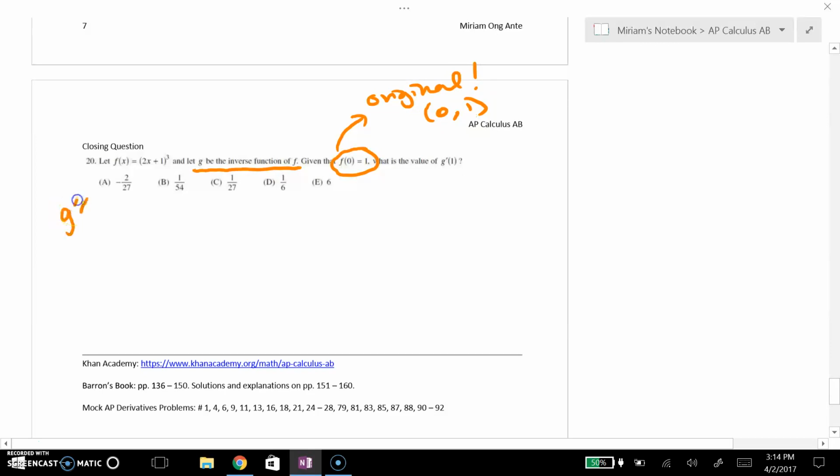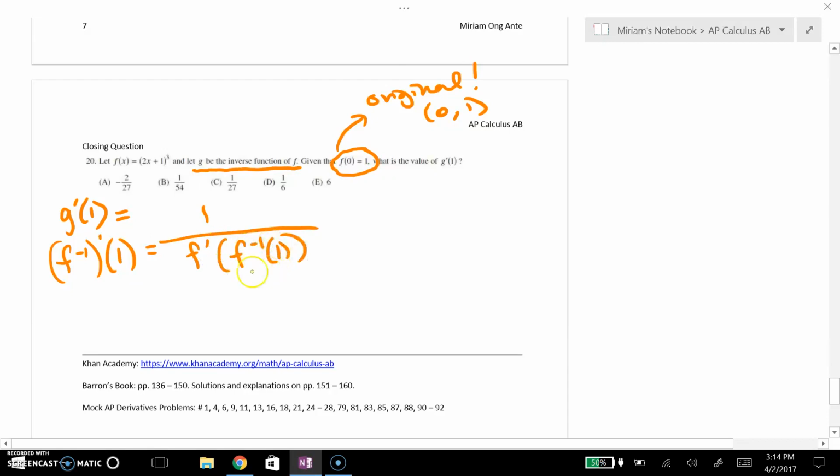But I need g prime of 1. So that's going to be f inverse prime of 1, which is 1 over f prime of f inverse of 1. This means when y is 1, what is x? Well, look at the point, and we have 0, so that's going to be 1 over f prime of 0.